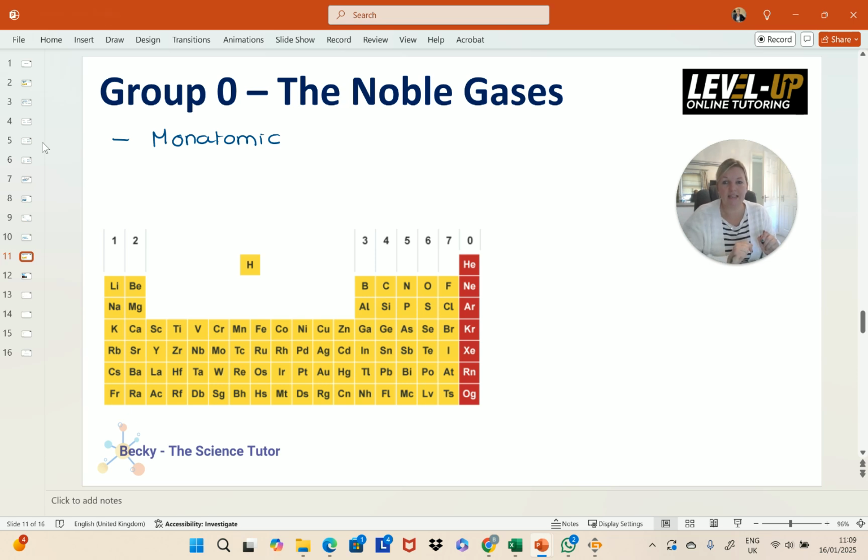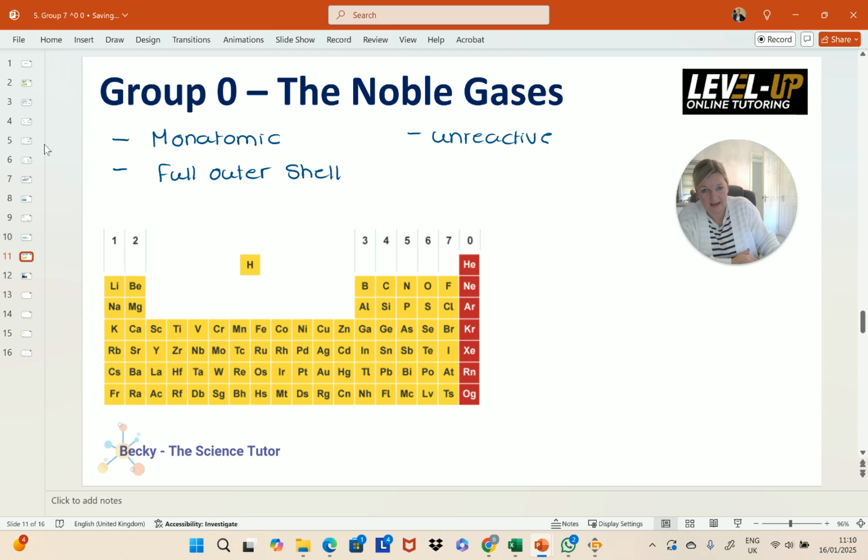And the reason that they exist singularly is because they're really quite unreactive. They've got a full outer shell of electrons, and therefore they don't need to gain an electron. So because they've got that full outer shell, it makes them unreactive. They're quite happy just on their own, doing their own thing.